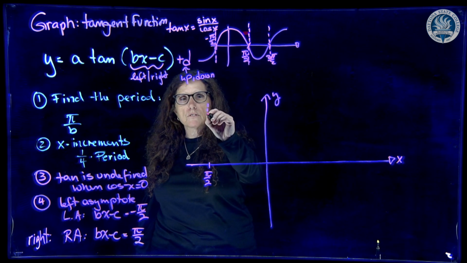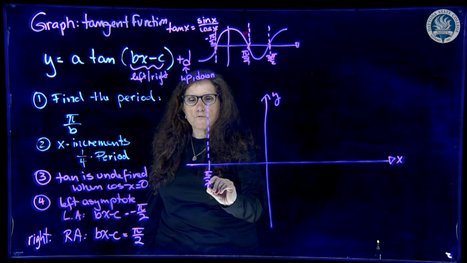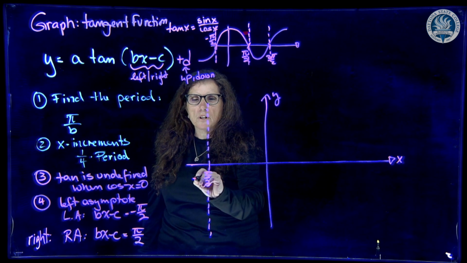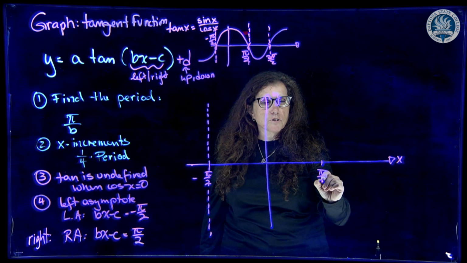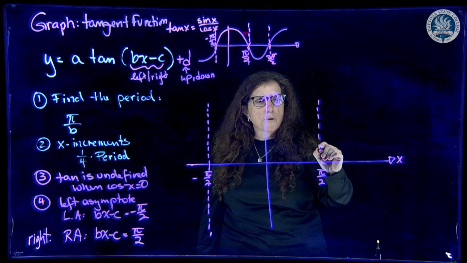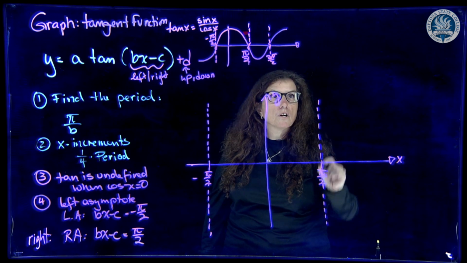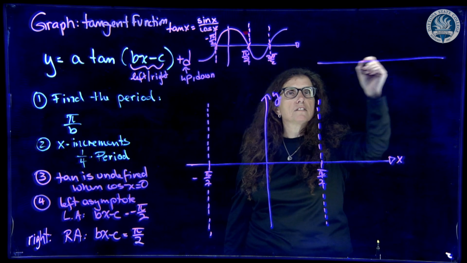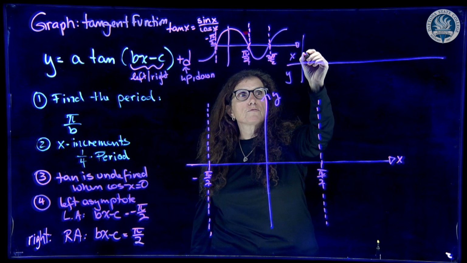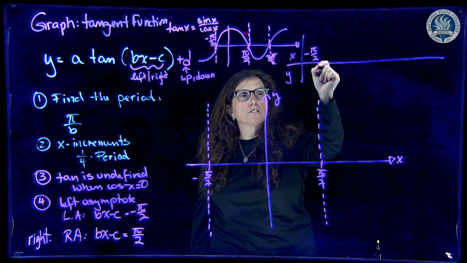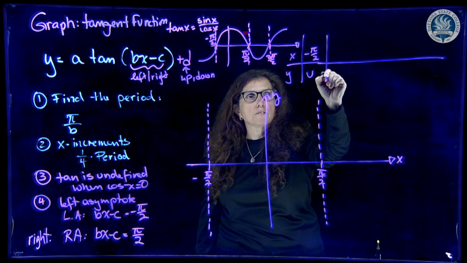An asymptote, of course, is a line we come fairly close to. We have a right asymptote, which is at positive pi over 2. So if I were to make a t-table with 5 key points, I start with negative pi over 2, which is undefined.